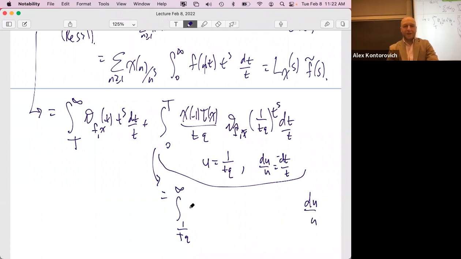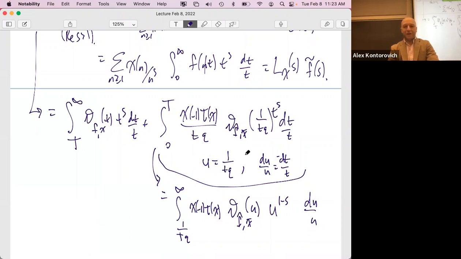There's this finite stuff, chi of -1 tau of chi. There's a theta function. I mean, this doesn't belong in the integral. This can come all the way outside. There's a theta function of f hat chi bar of u. And this is t to the s minus 1. So I'll get a u to the 1 minus s. But qu is equal to 1 over t.